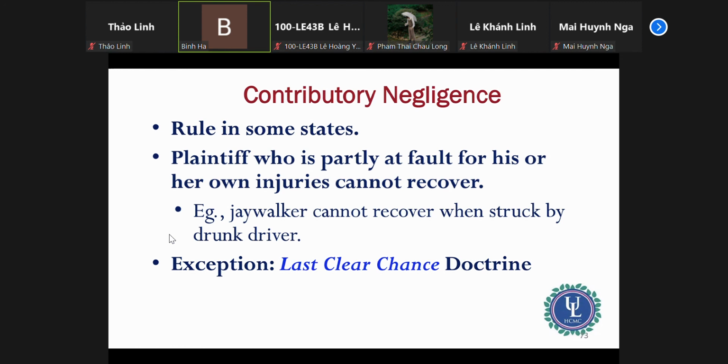However, there is an exception that you should pay attention to, that is the last clear chance doctrine. So what is the last clear chance doctrine about? The last clear chance doctrine applies to the situation when there are opportunities for the defendant to avoid the loss, injuries, or damage, but he did not take those opportunities.